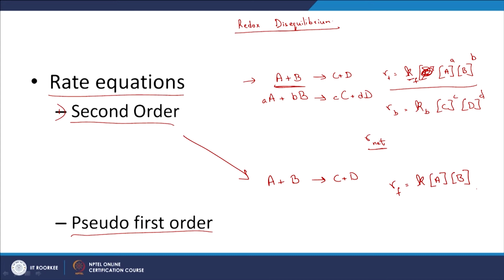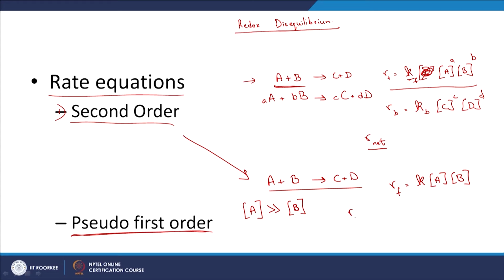So in this case of pseudo first order, what would the system behave like if the concentration of one of the reactants is far greater than the concentration of the other reactant? What is going to be the case here?